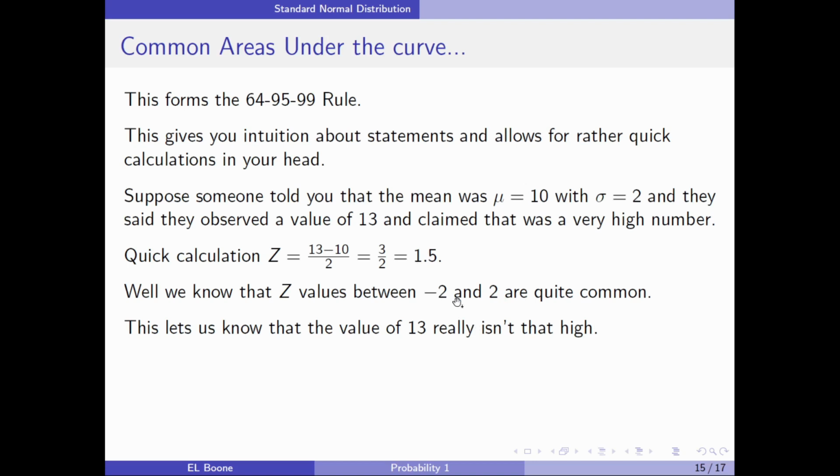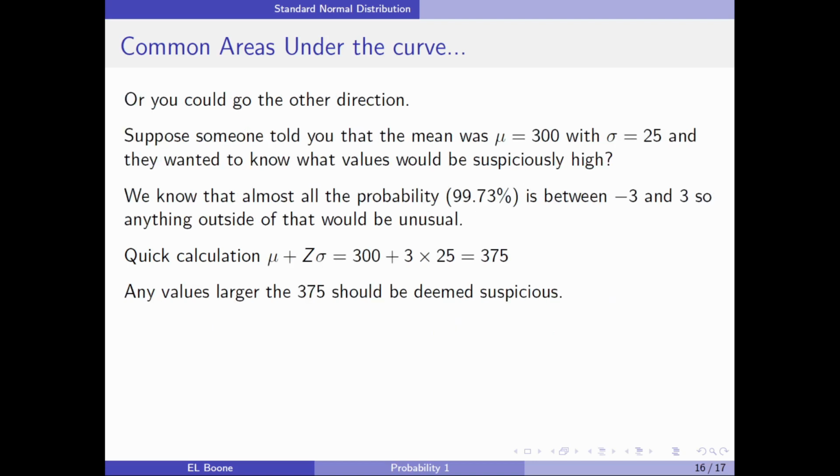Very simple calculation. You could go the other direction. Somebody told you the mean was 300 and the sigma was 25, and they wanted to know what values would be suspiciously high. Well, we know that almost all the probability, 99.73% of it, is going to be between -3 and 3. So anything that's beyond -3 and 3 on the standard normal is going to be really rare.